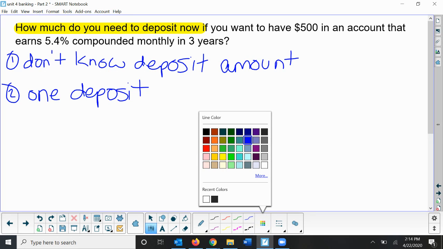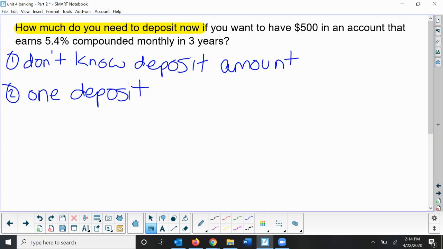And again, this one is an example of a present value because I'm looking for the deposit amount. And this is a single deposit.